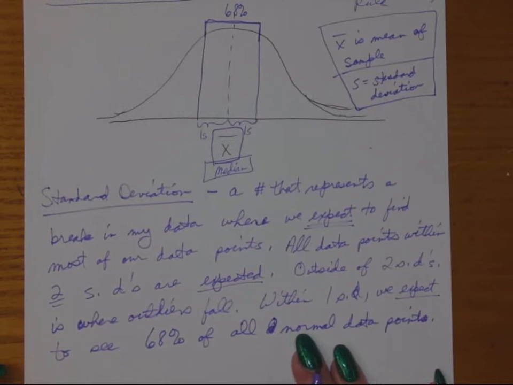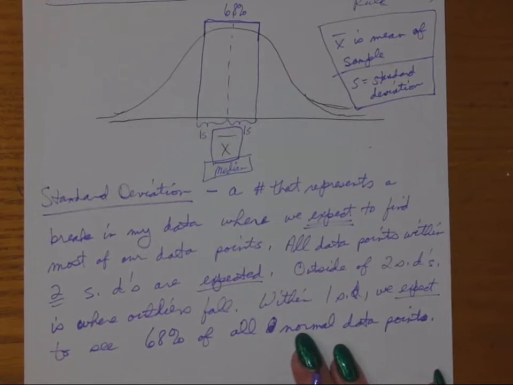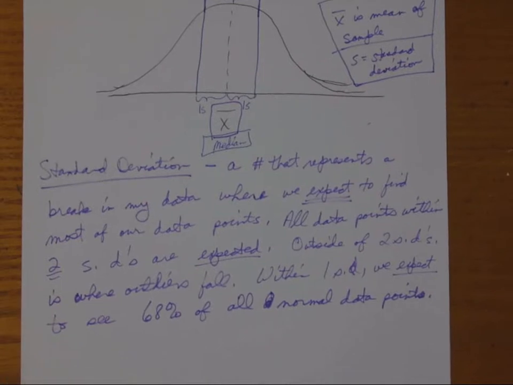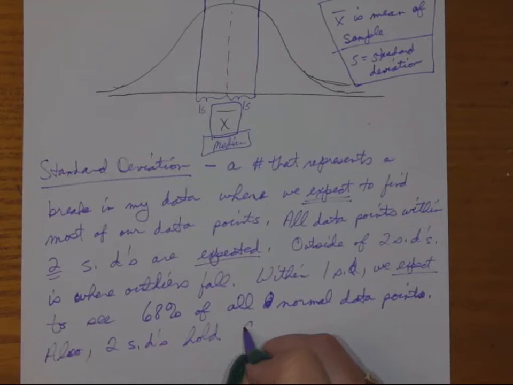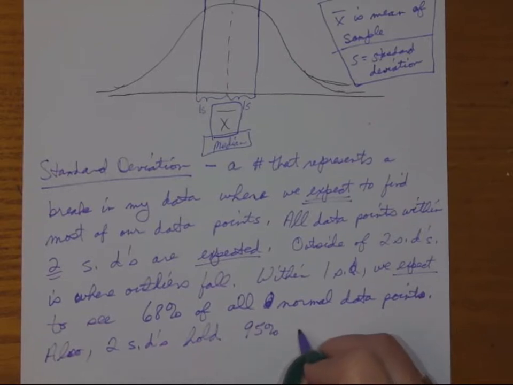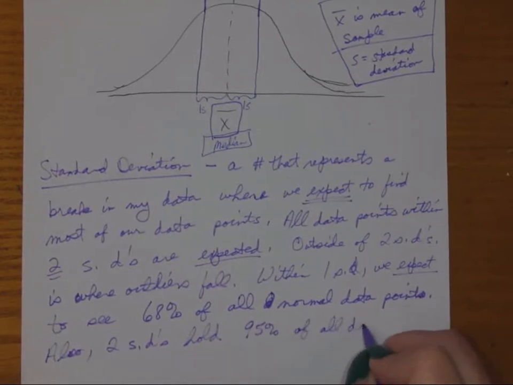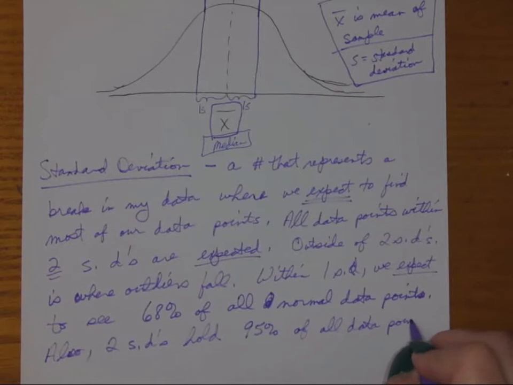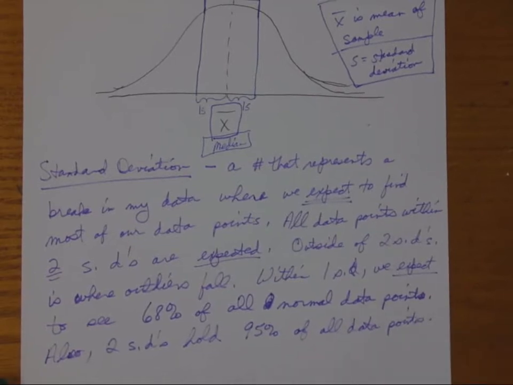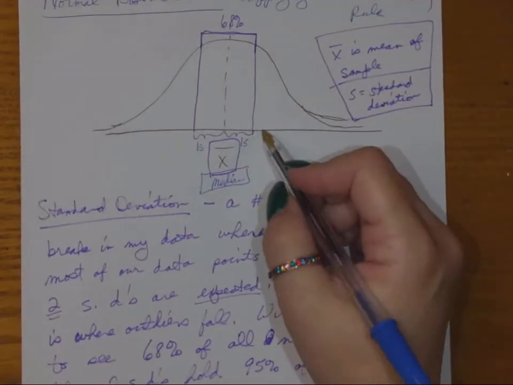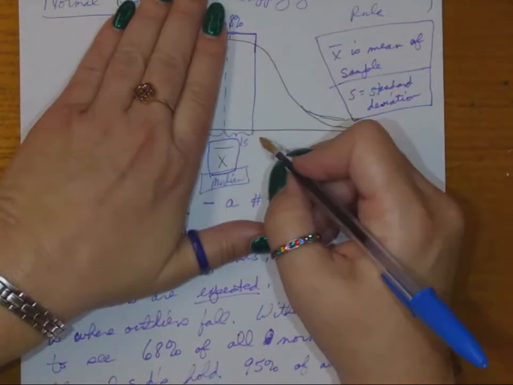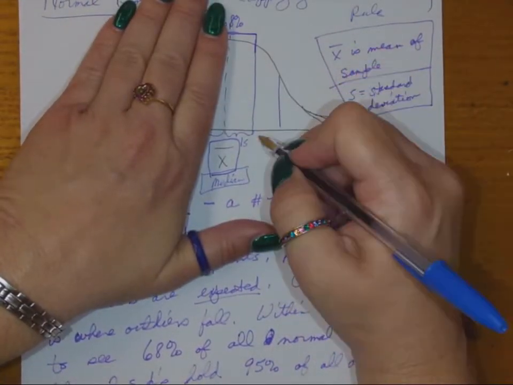So that's 68%. Okay. All right, so 2 standard deviations also hold 95% of the data. Of my data points. Okay, so again, here's my mean, 2 standard deviations above.